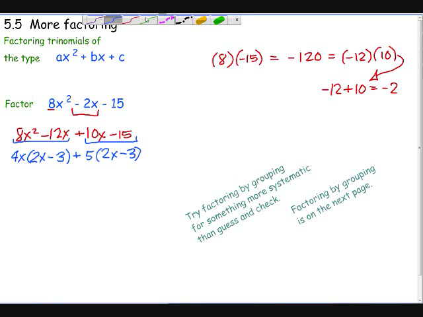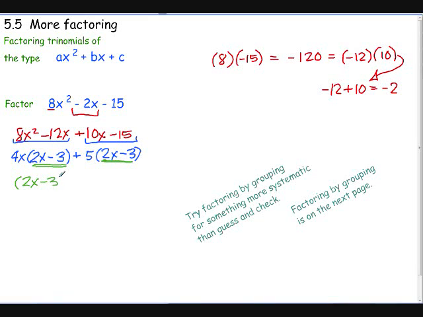I don't know about you, but I am always very happy when this pleasant result comes up, where I have in my first term a factor, it's a binomial, that is exactly the same as a factor in my second term, meaning I can factor it out.